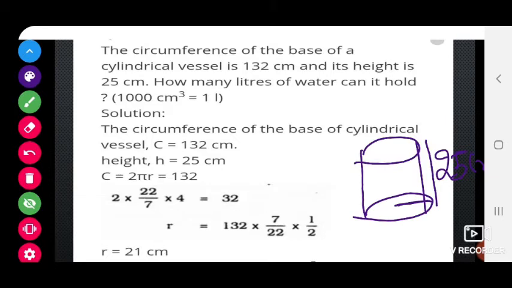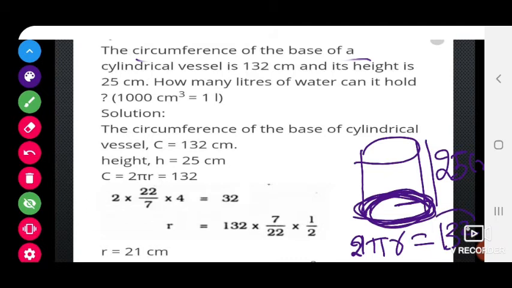Instead of radius, they are giving the circumference of the base of the cylindrical vessel, which is the circumference of the circle we have here. How will we find the circumference of a circle? That is 2 pi r. They are giving the 2 pi r value as 132 centimeter. Now we have to use this 132 centimeters to find the r value.